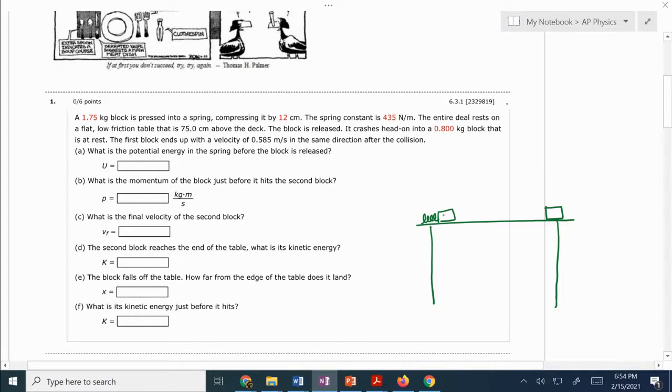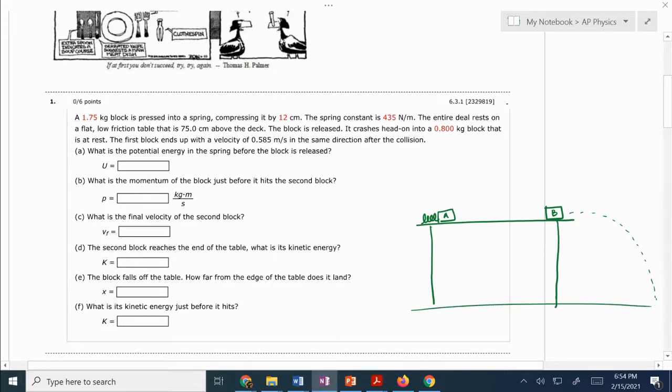Let's call them block A and block B. The spring is going to release, block A is going to go along and hit block B, then block B is going to go down and hit the ground.